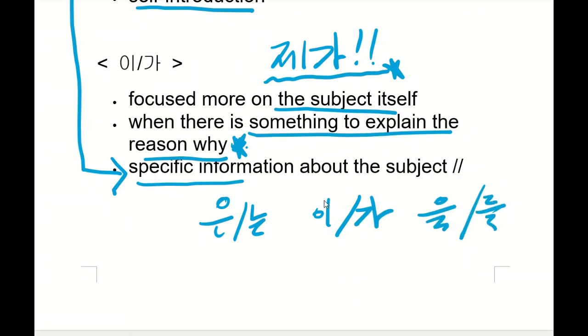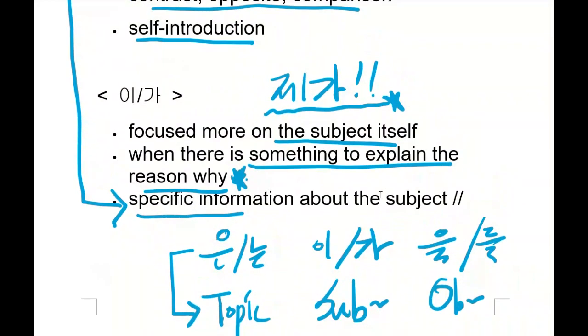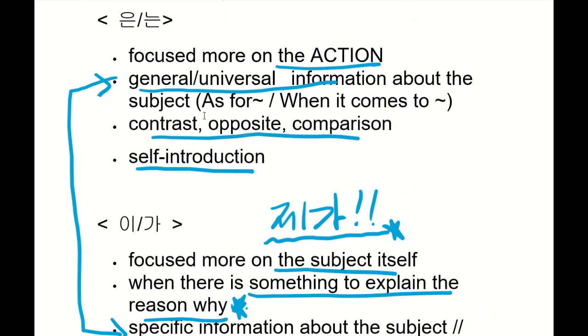So, like I said at the beginning, don't be too concerned about the name, the title of each particle, like topic marking particle, subject marking particle, or object marking particle, but practice more with lots of new examples, including the ones I provided here, and be more aware of how they are used, not the names.